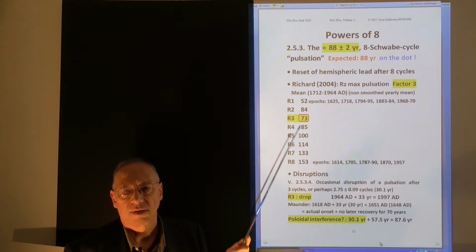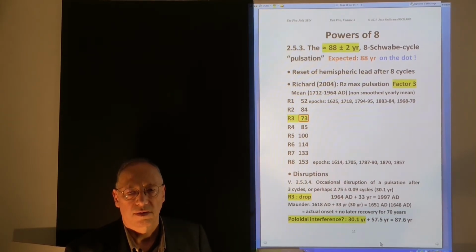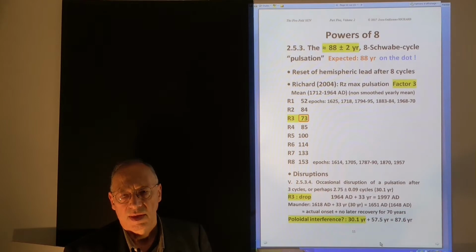This list of amplitudes is monotonously growing except at the 3rd slot. You see the epochs in the top line and the amplitudes in the bottom line. So we have a factor of approximately 3 in the amplitude from the 1st epoch to the 8th epoch over an 88-year span.